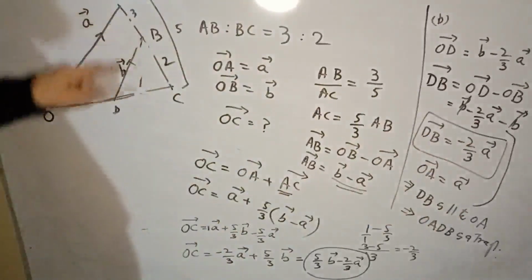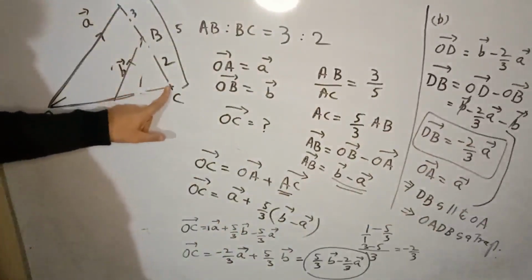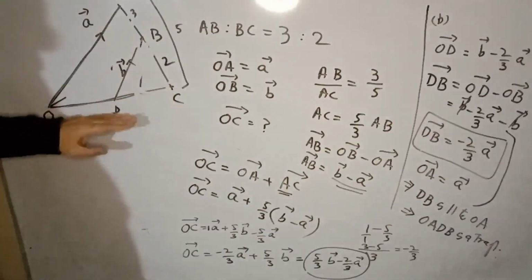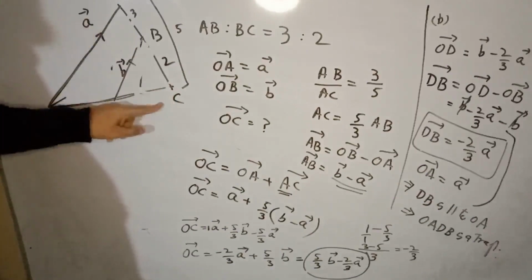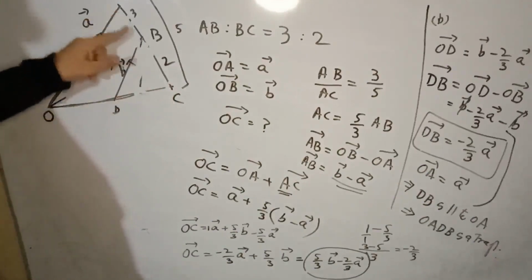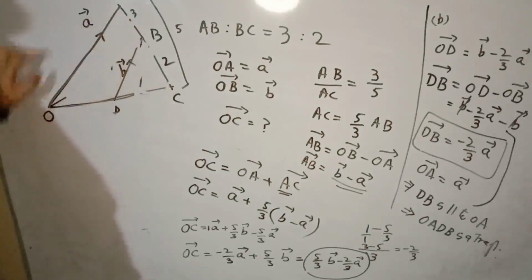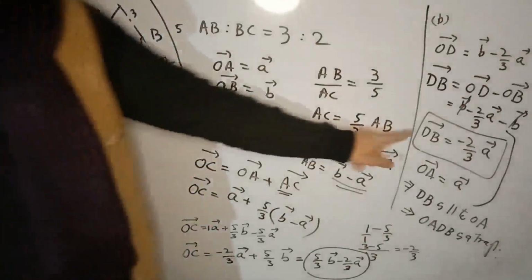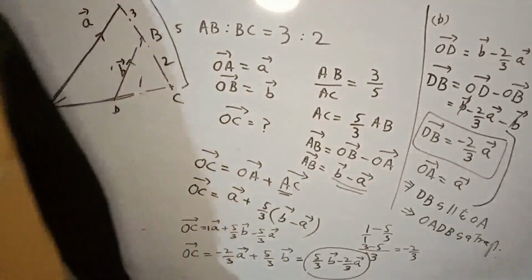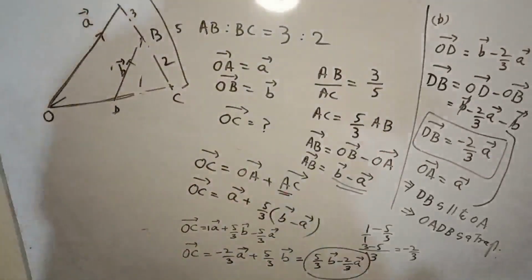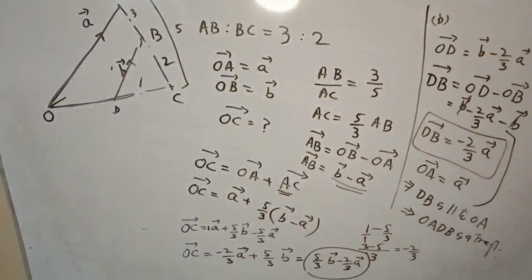But these two are not parallel because they are intersecting at some point C. OD is produced further and AB is also produced. They meet at C. It means they are not parallel. But OA and DB are parallel according to this formula. Therefore, we have proved that OABD is a trapezium.